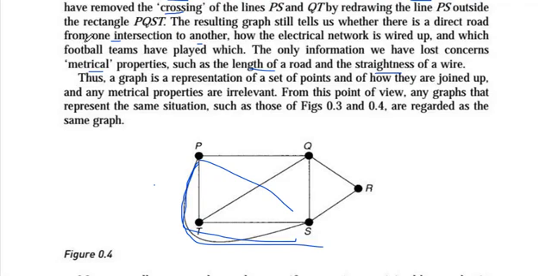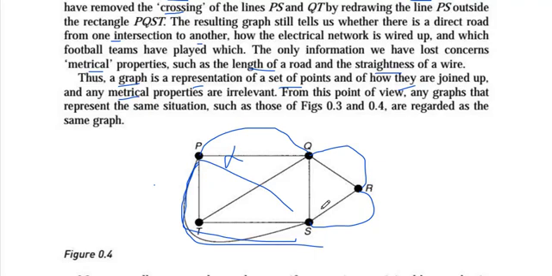But the graph is the representation of a set of points and how they are joined. Any metrical properties are irrelevant. If this joint is connected like this, P and Q, it still represents the same graph.